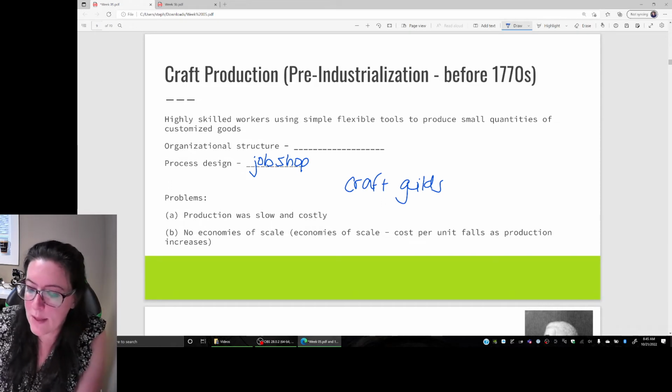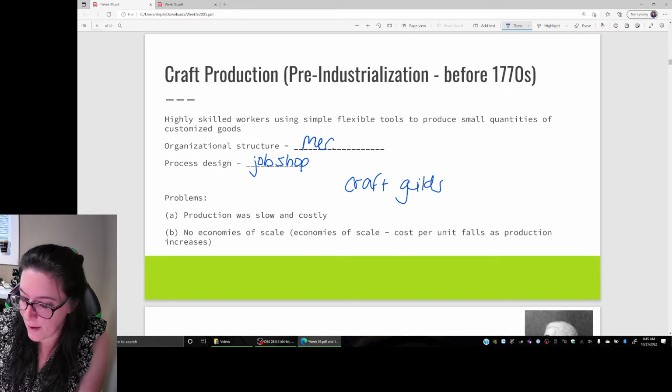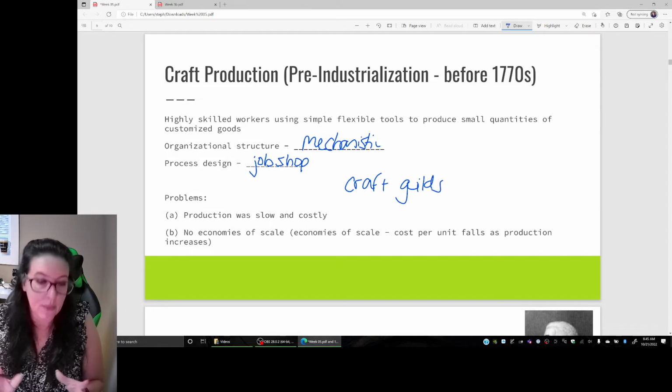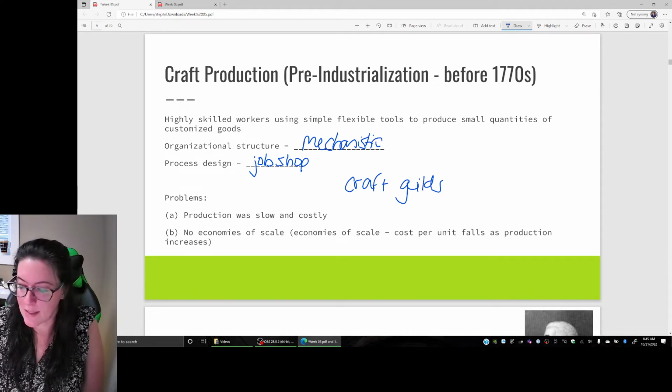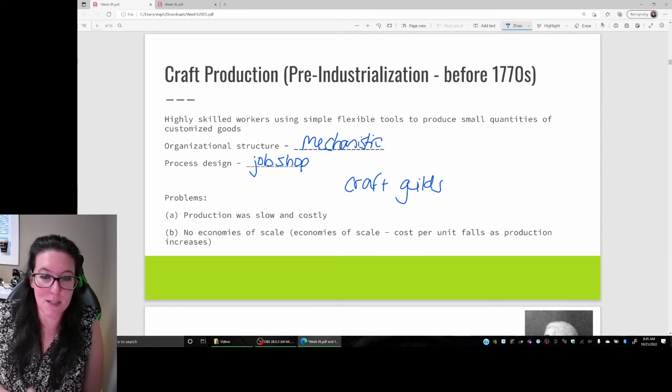Well, even though it's a job shop, a smaller operation, it would have been very mechanistic. The master makes all of the decisions, so a high level of centralization. It is highly formalized, so everyone has a specific role and responsibilities. There are things that the journeyman's allowed to do.